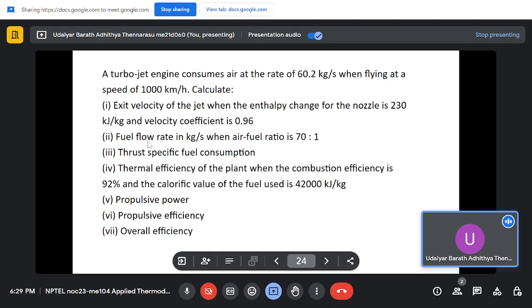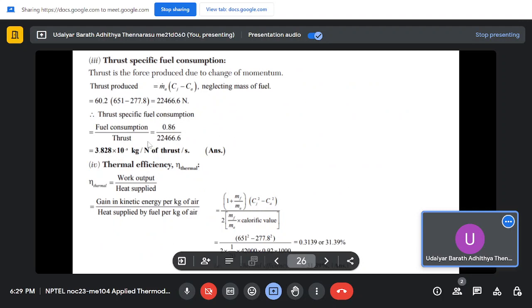Then third is we need to find out the thrust specific fuel consumption. To find out thrust specific fuel consumption, first we need to find out the thrust force or thrust produced. So that is nothing but the change in linear momentum, which we calculated in the previous example as well. So the rate of change of momentum, so rate of mass into change in velocity, of the jet and the air.